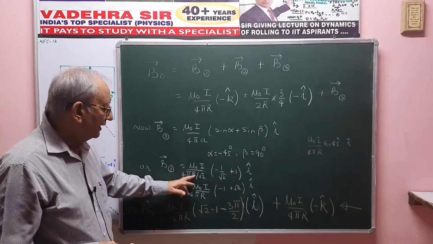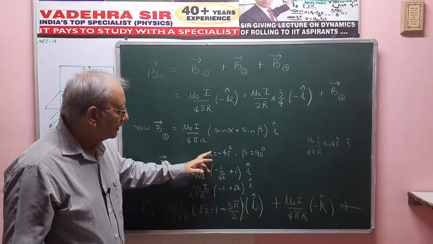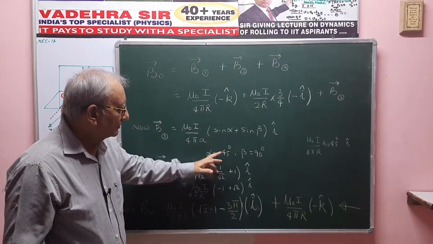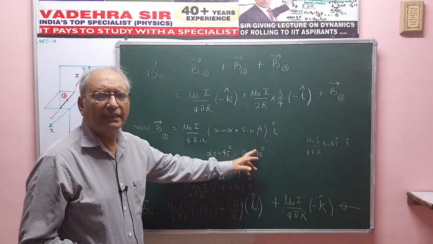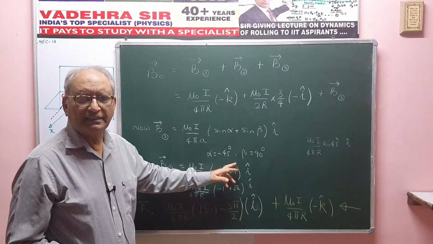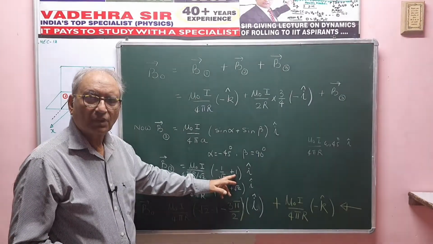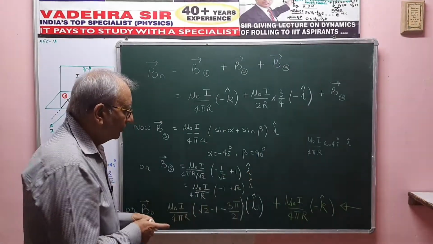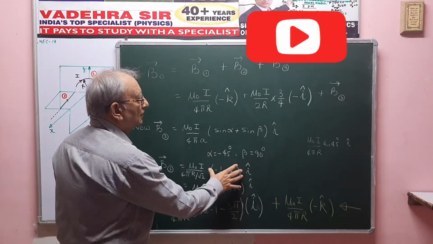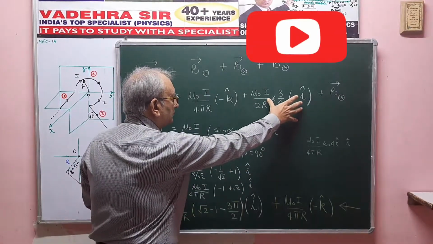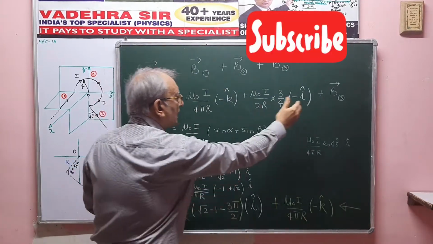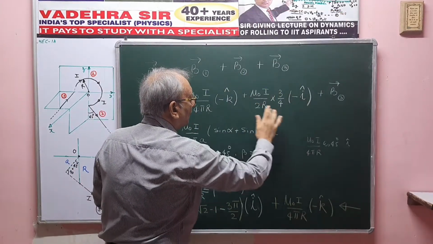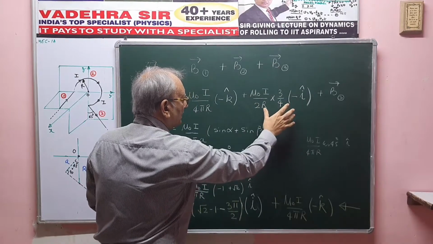I replace that here A, and sine alpha is minus 45 gives me minus 1 by root 2, and then sine beta, beta is 90 degrees, that gives me 1, the direction is I cap. Now I collect this I cap along with this minus I cap, and if I take I cap outside, then this whole part will be taken as minus.